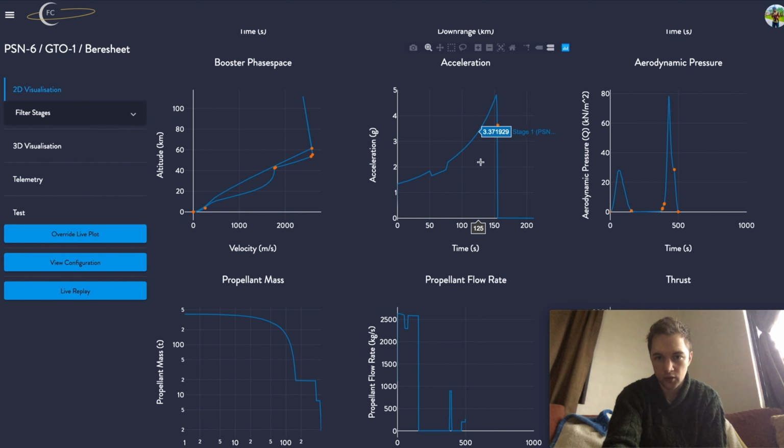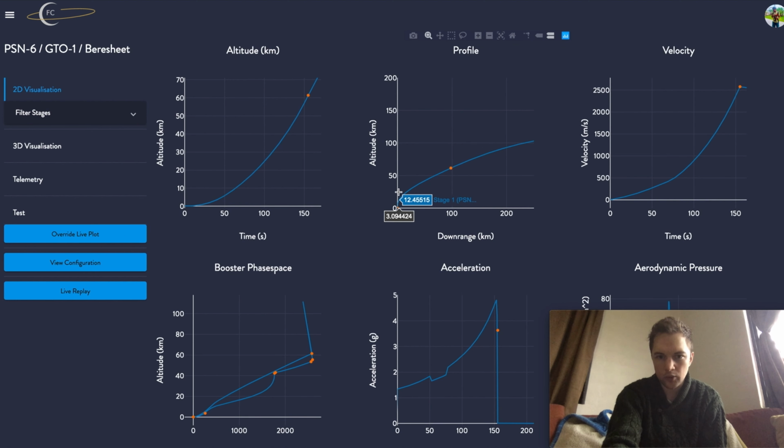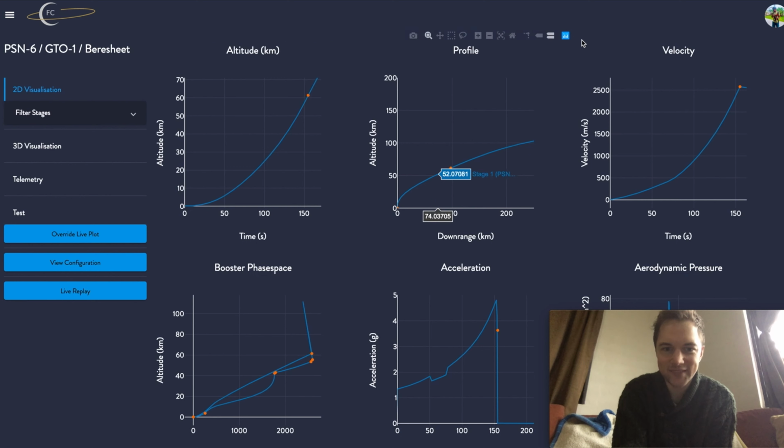I know I'll be going seriously fast at this point. So I wouldn't be able to just go straight up and have all the altitudes correct, because going that fast would send me up here. I'd need to turn over that way. So I guess I'd also need to set the launch azimuth to make sure it turns the right way. But I think it's doable. I think it's a good start. So I'm going to give it a go and see how we do.